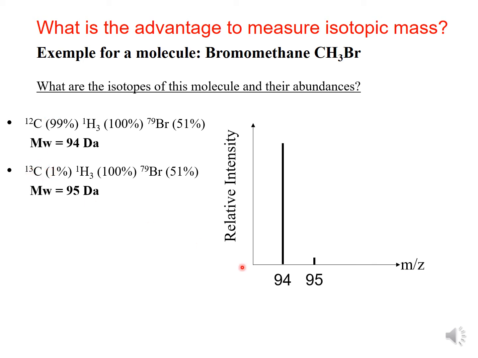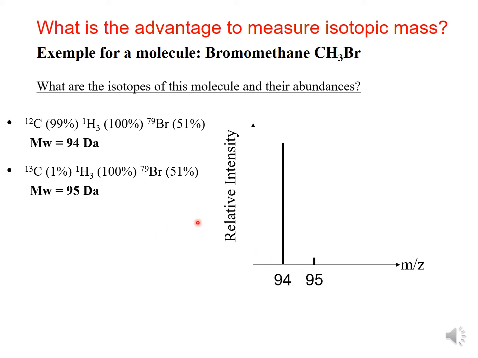Then if I represent the mass spectra, I have an isotope at 95, but it is here 1%.